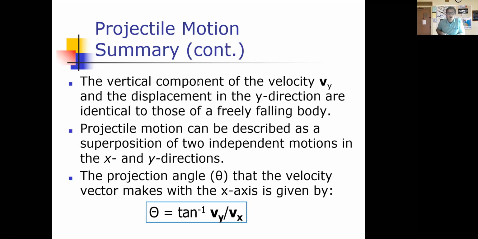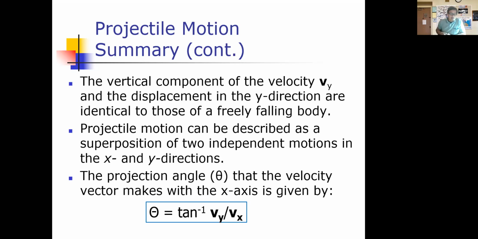Okay, the vertical component, we talked about this. We can use that to find the displacement along the vertical. Keep in mind that if you treat that vertical motion as an object in free fall, using the kinematic equations should be pretty straightforward.